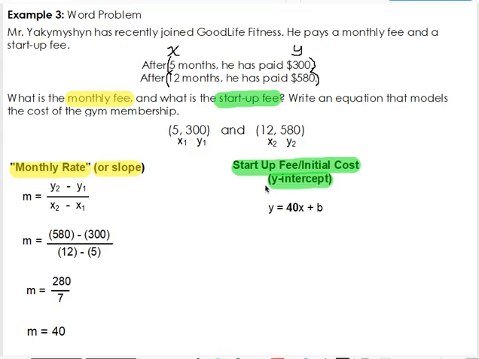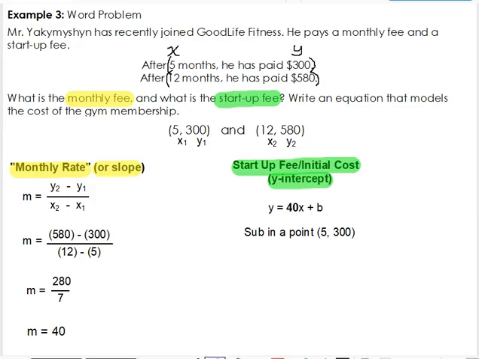And again, it doesn't actually matter which one you choose. I chose to sub in the point 5, 300. The reason I always choose the one that has the smaller values, like 5 and 300 versus 12 and 580, is that it's just smaller numbers to work with.